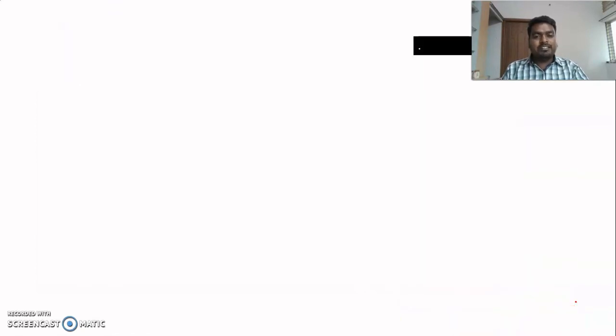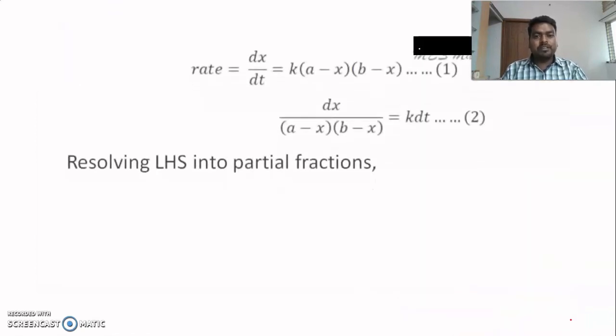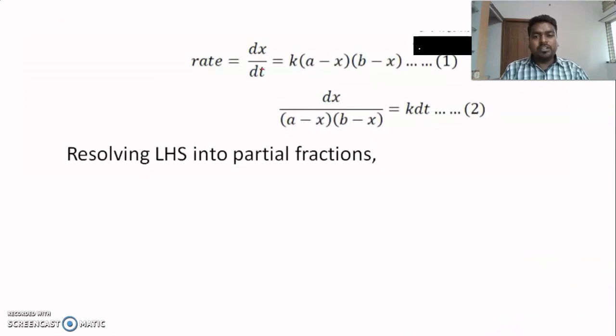Now let us apply the law of mass action. The rate of formation of product with respect to time is proportional to the concentrations of A and B, which at time T are a minus x and b minus x.